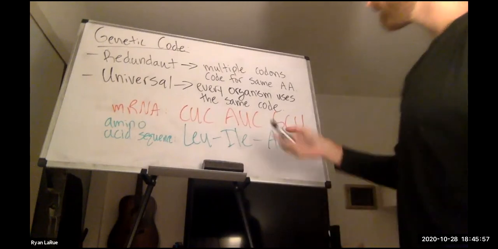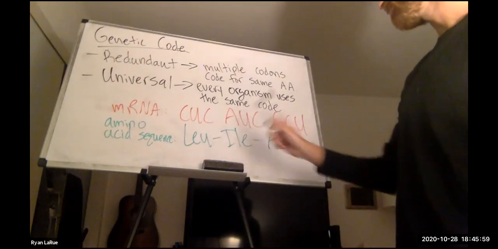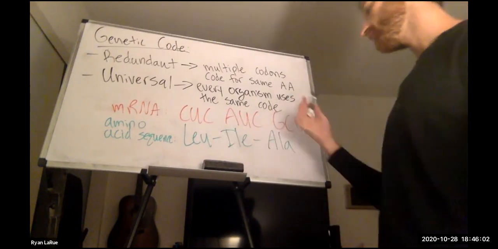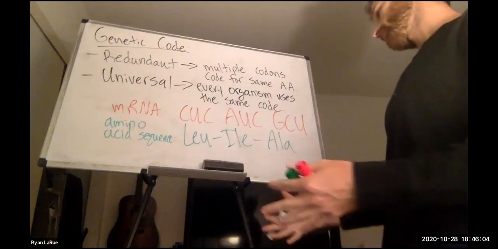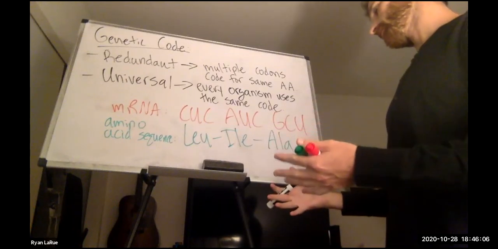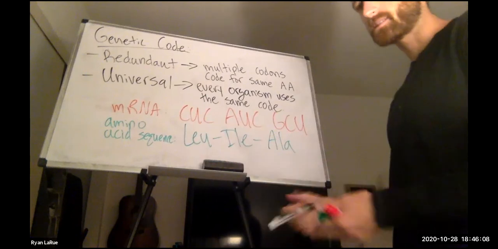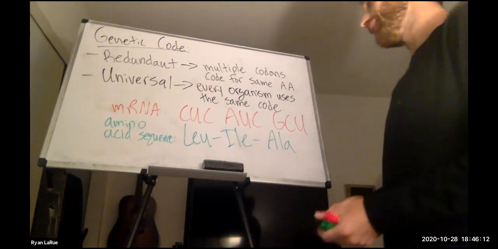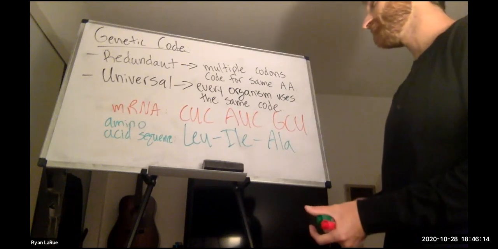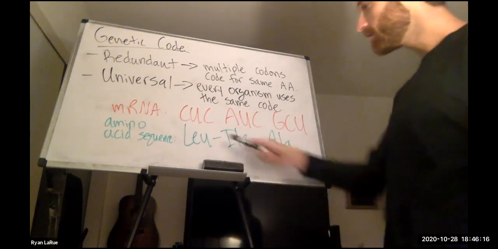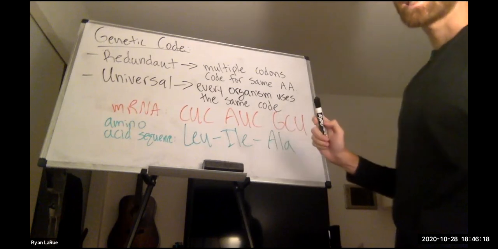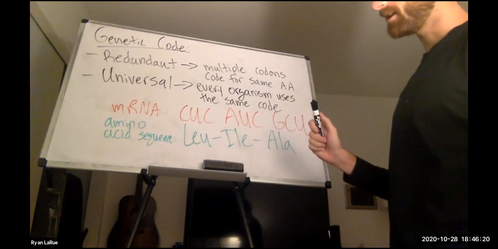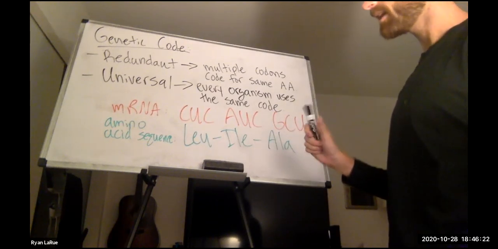If you have this mRNA sequence produced in an ant, an insect, a spider, a lobster, a sea star, it's going to make this same amino acid sequence. I think that's pretty amazing.